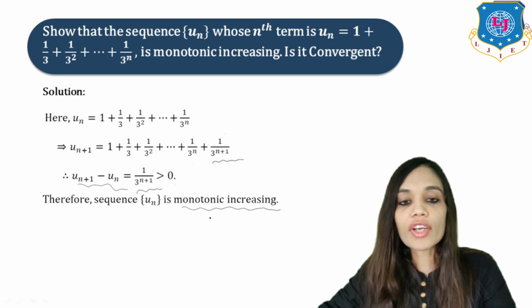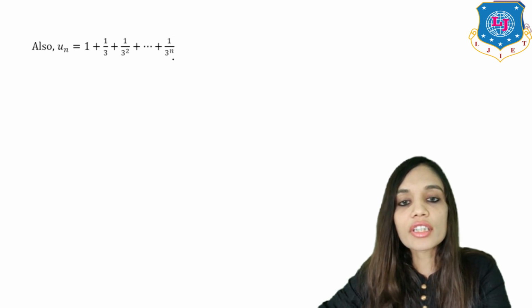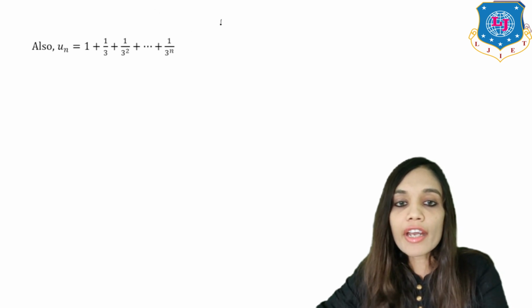Now we have to check whether it is bounded or not. So again write your un, which is equal to 1 plus 1 upon 3 plus 1 upon 3 square plus 1 upon 3 raised to n. Now we will find the sum of this, because it is a geometric sequence where mod r is less than 1, because the value of r is 1 upon 3.